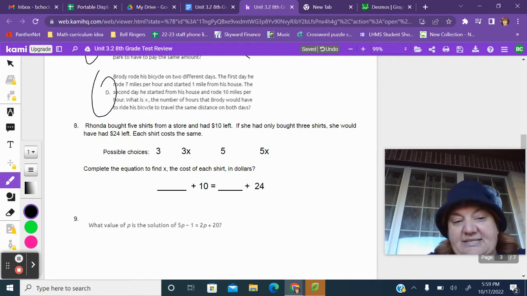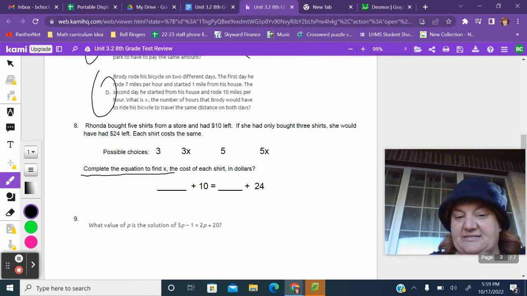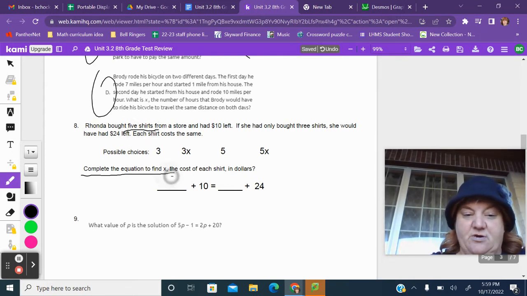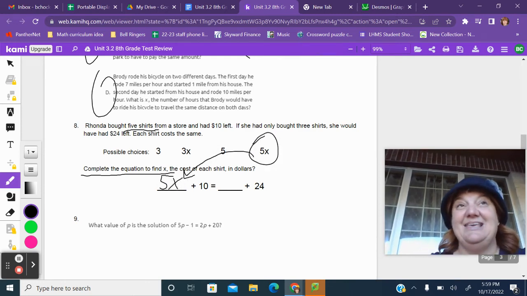This one, all they're asking you to do is complete the equation to find X. Okay? So what would go here? Rhonda bought 5 shirts and had $10 left. So 5X, this one, right there. Guys, write this down.